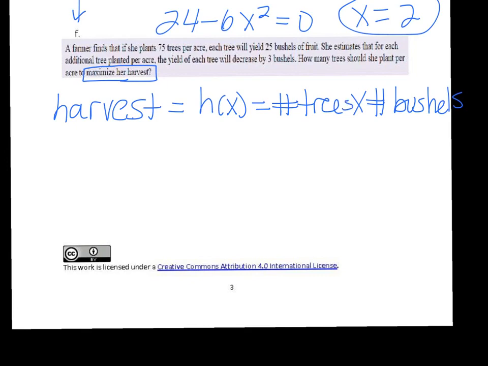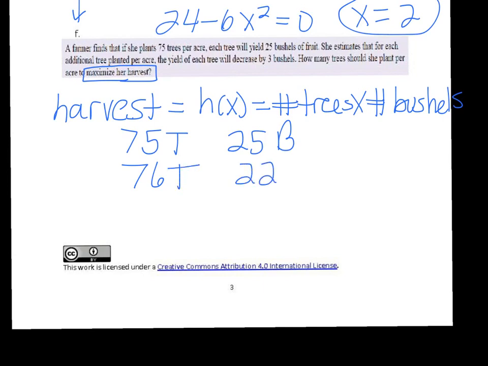Okay. And we're given a little information. We know that for 75 trees, I'll call it T, we get 25 bushels, B. Now if I do 76 trees, I only get 22 bushels, according to this line right here, because for each additional tree, the yield of the tree will decrease by 3 bushels.